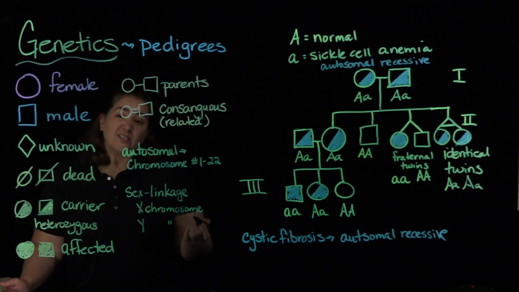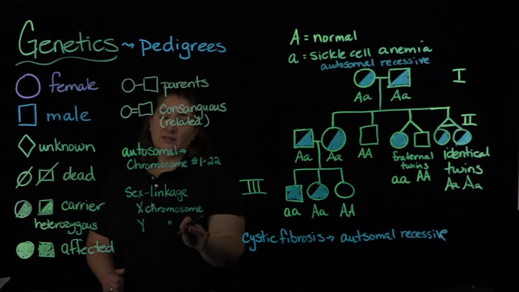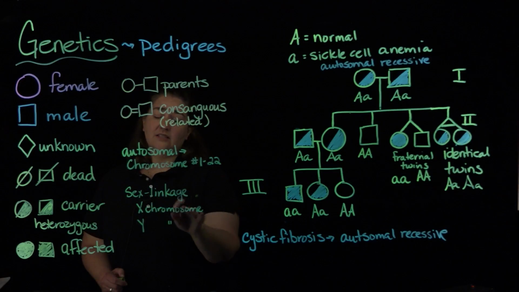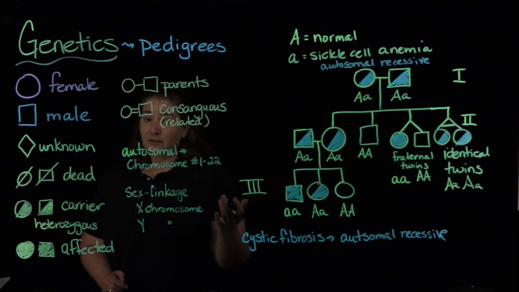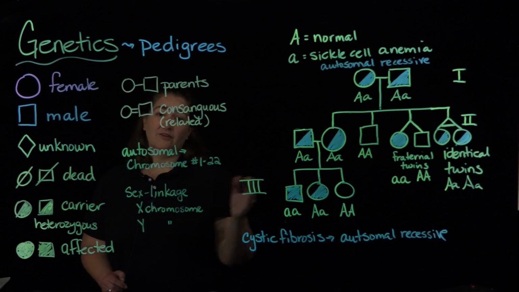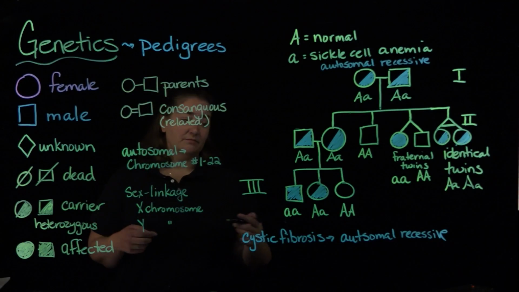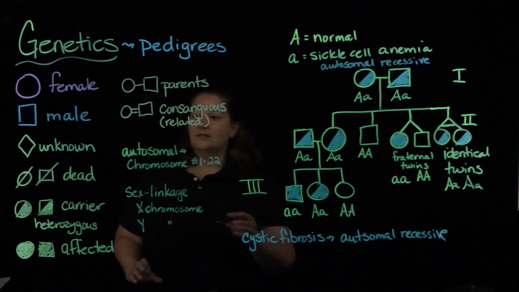It's just more frequent to have things that are sex-linked on the X chromosome. Examples we'll talk about are things like hemophilia. Also, color blindness would be an example of a sex-linked trait, and I've got a video that'll go into more detail on that.